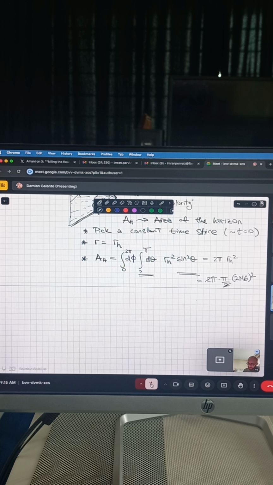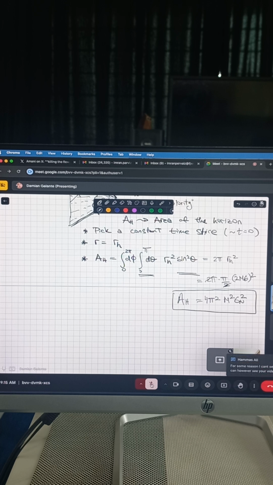So the 2 cancel, and I get 4 pi squared m squared g Newton squared. Okay? So area of the horizon is nothing more than basically the mass of the black hole squared.